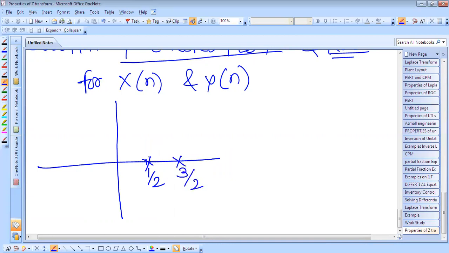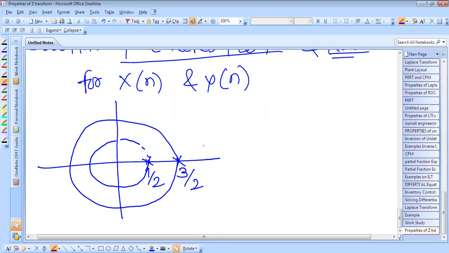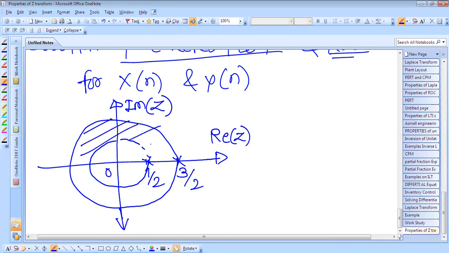So this is the first circle of radius half, and this is another circle of radius 3 by 2.